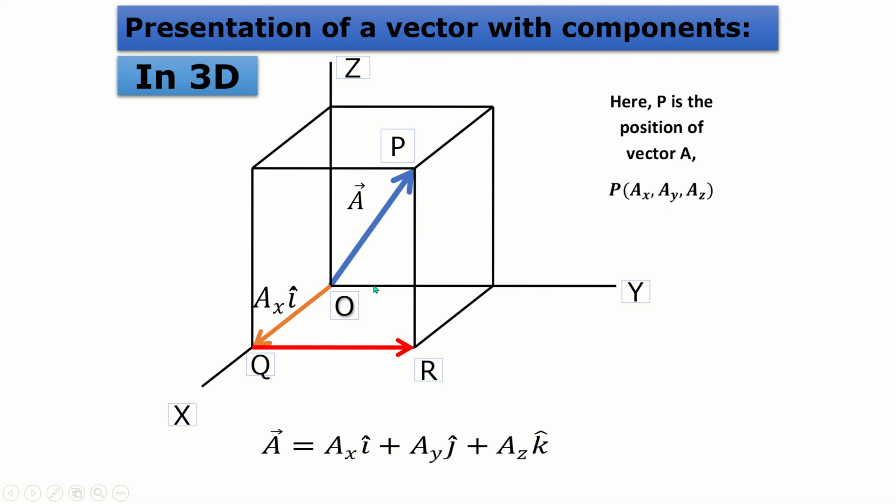This part and this part are the same, that is denoted yj, because along OY the unit vector is J. And this equals zk vector, because this part and from this to this part are the same, along OZ the unit vector is K, so this equals zk vector.